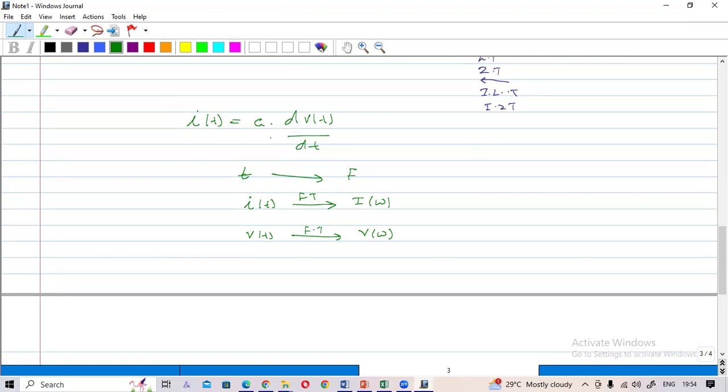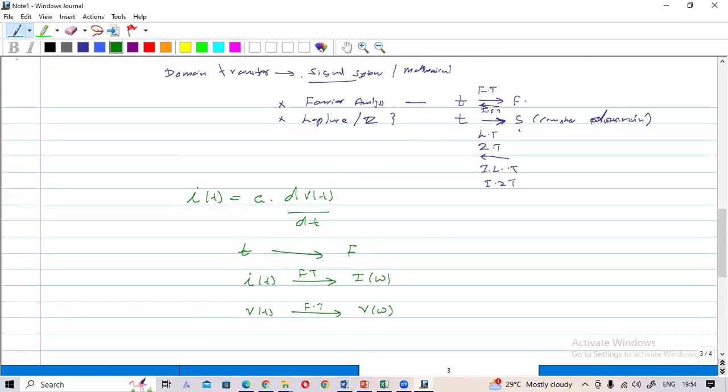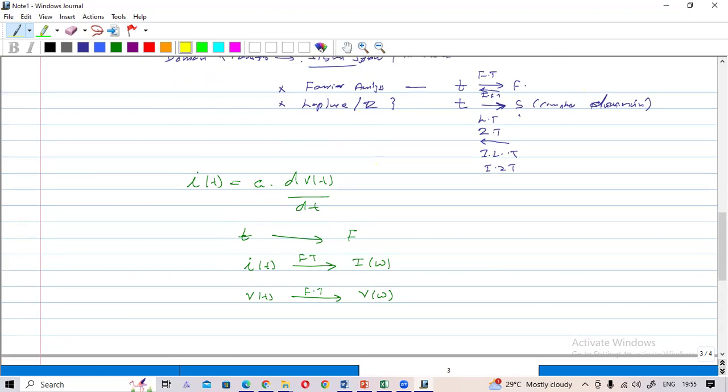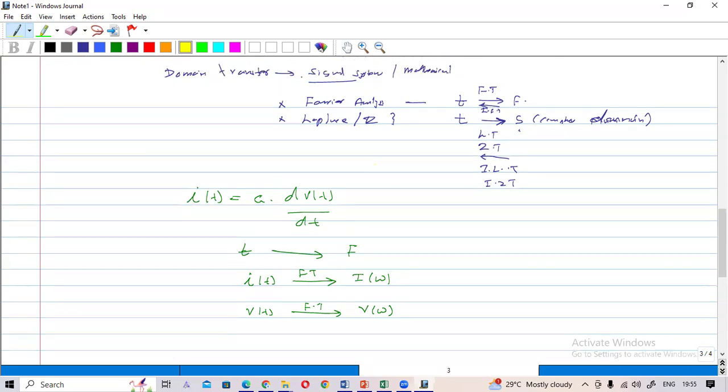And you can see that here you have a derivative. Under this transformation, maybe you can't remember it if you haven't learned it, or maybe for a long time you almost forgot these things. But just try to be reminded.